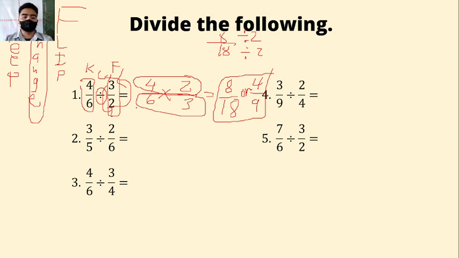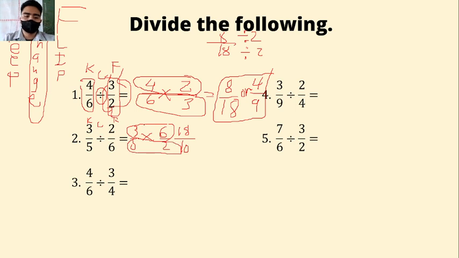Okay? Alright, so with that one, let's go for the next one. So we do have 3 over 5 divided by 2 over 6. So I'll be doing this in a fast manner. So let's have the KCF. We're going to keep 3 over 5. We're going to change from division to multiplication. If you have F, it will be flipped. 2 over 6 will be 6 over 2. So numerator to numerator, 3 times 6, the answer is 18. 5 multiplied by 2, the answer is 10.